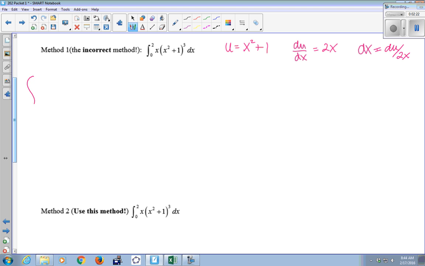So this becomes the integral from 0 to 2 of x. That's not an obvious substitution. X squared plus 1 is being substituted with a u, and dx is substituted with a du over 2x. So that was a good choice of u because the x's now cancel.